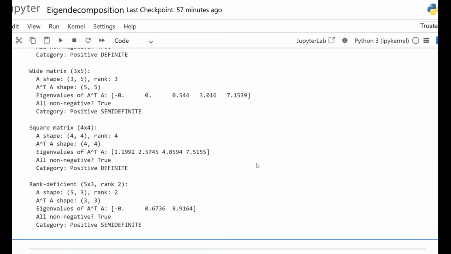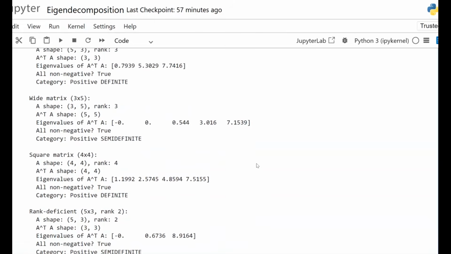Dear friends, kindly observe that in every test case, the eigenvalues of A transpose A are non-negative, confirming the proof. When A is full column rank, all eigenvalues are strictly positive. When A is rank deficient, some eigenvalues are exactly zero.